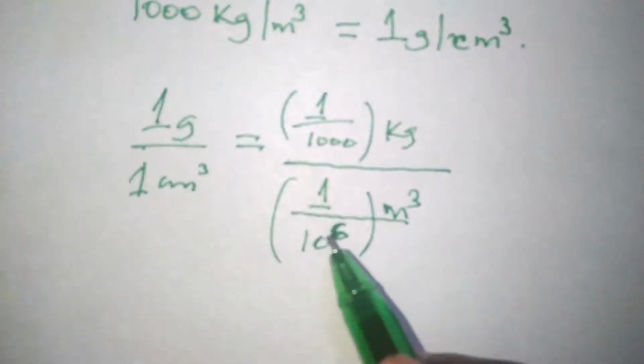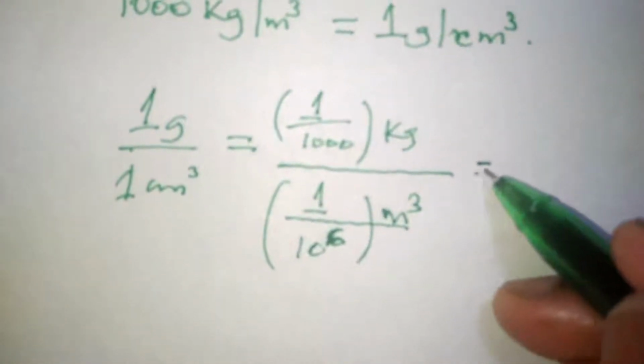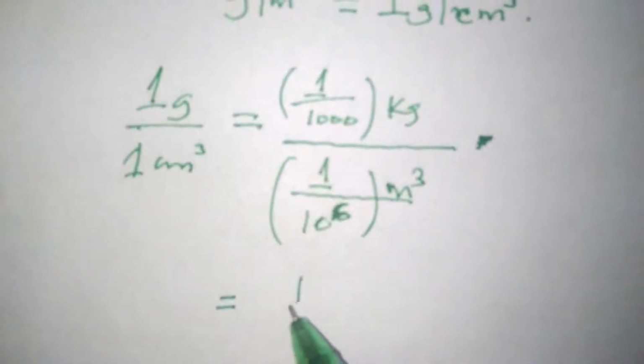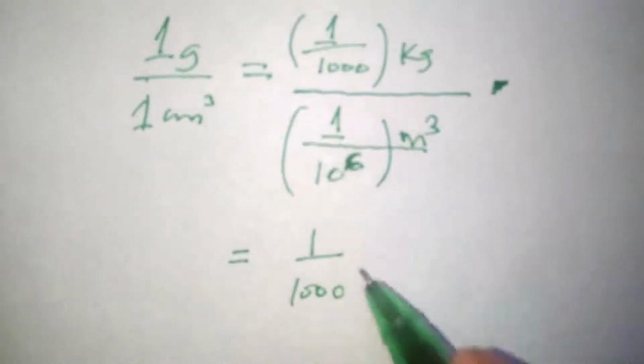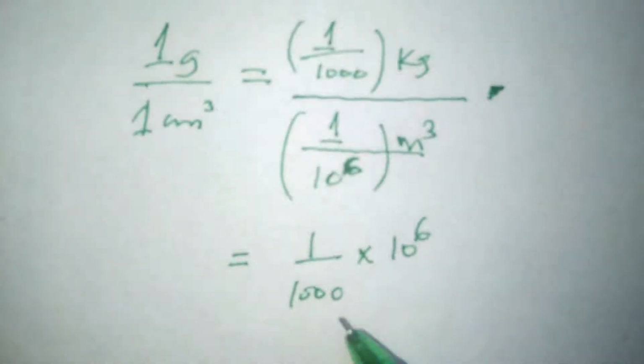Now, if you look at this, you can simply do your multiplication. Maybe I should write it down here. You can use your mathematical relations that you know. This will simply mean we are multiplying by 10 raised to power 6, or basically a million.